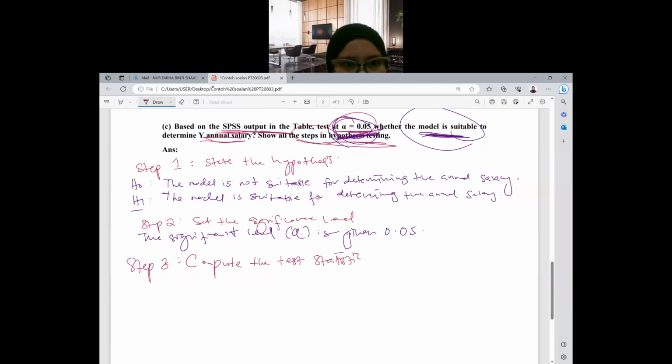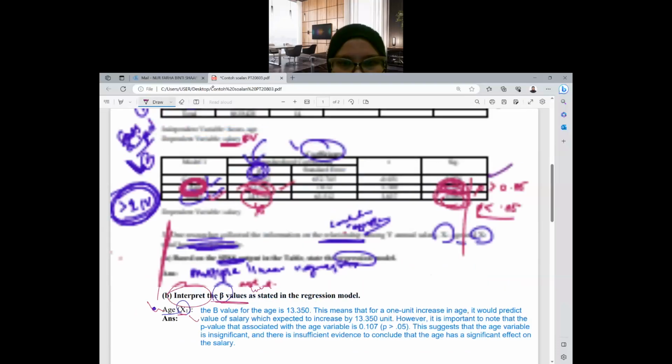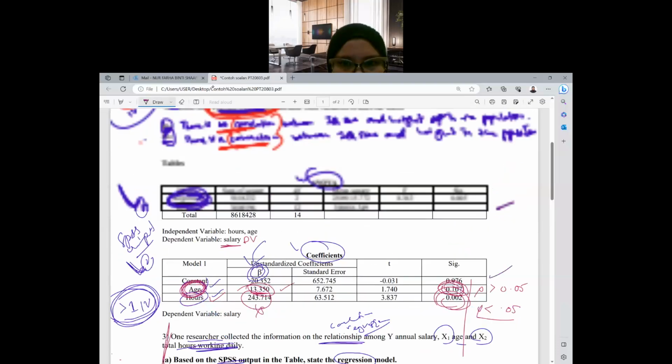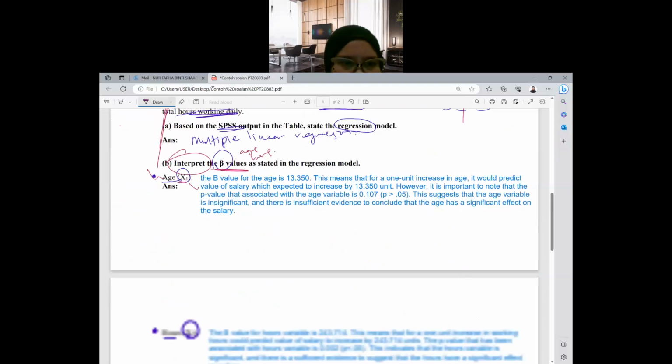What you need to do is look at the F value. You need to look at the ANOVA table for the F value, your F statistic, 8.363. Remember again, this is regression, so state your F value.